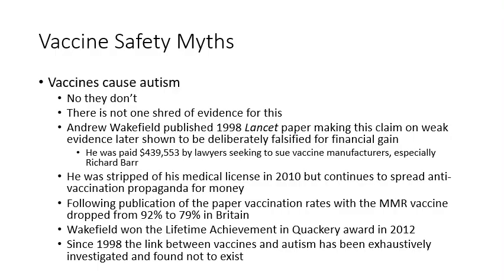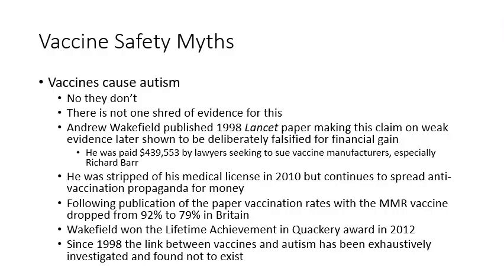He published a paper in 1998 claiming to show a link between this vaccine and the development of autism in a patient population he was working with. It turns out that he falsified that data. He was actually paid almost $500,000 by some lawyers trying to sue the vaccine manufacturers to falsify the data. So he was stripped of his medical license for that. But unfortunately, the myth does persist.